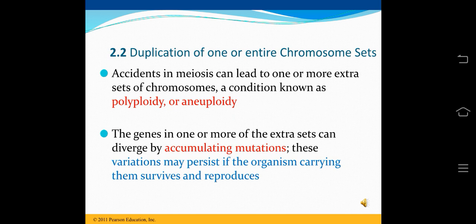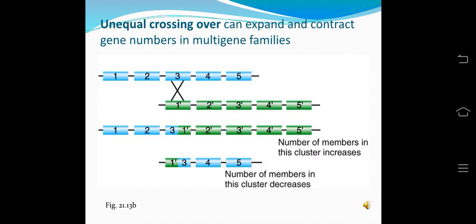Unequal crossing over can expand and contract gene numbers in multigene families. The number of members in this cluster increases, and the number of members in this cluster decreases.